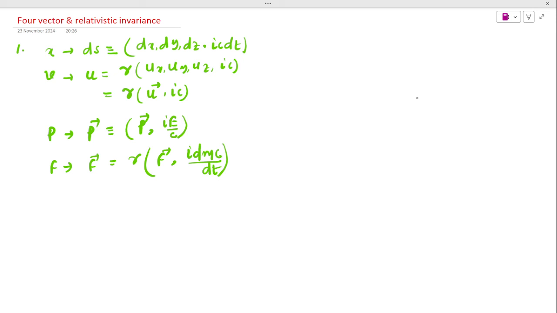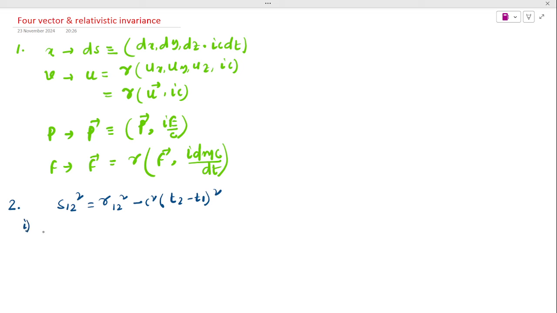And our another topic, the 4-dimensional space-time continuum. This is S₁₂² equals r₁₂² minus c² into (t₂ minus t₁) whole square.